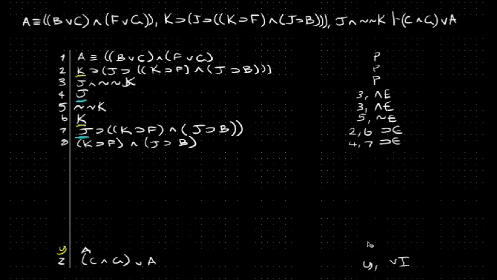And we've already said that A is going to come from this statement on line 1, this biconditional. We'll also use line X and the biconditional elimination rule. So on line X, we'll need to have B or C and F or G.